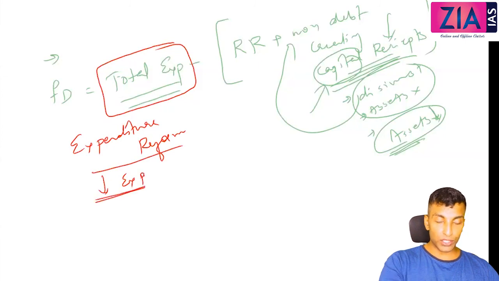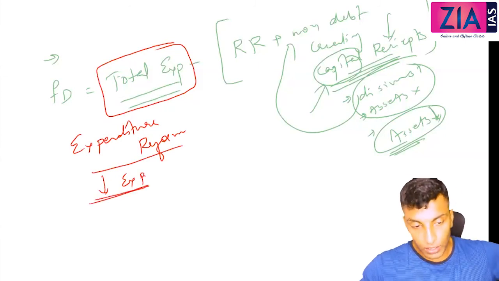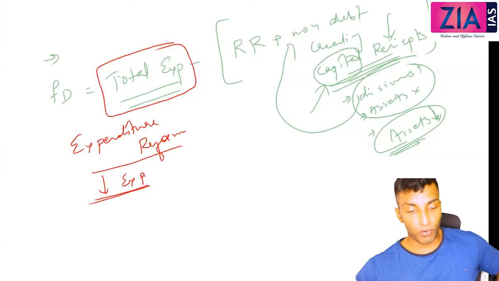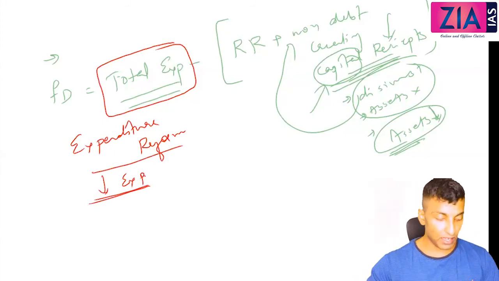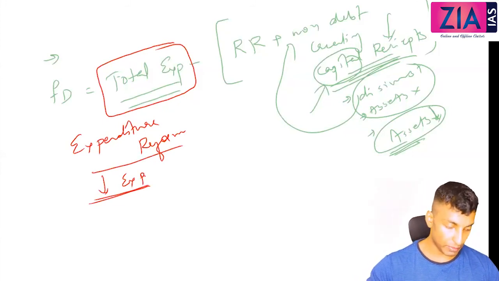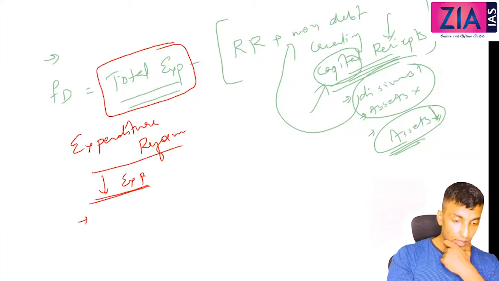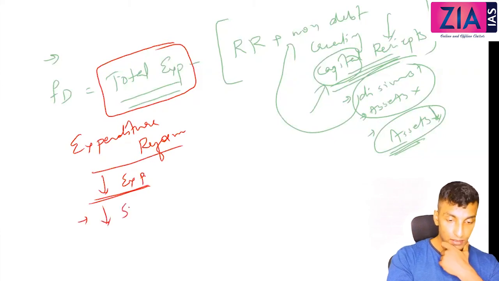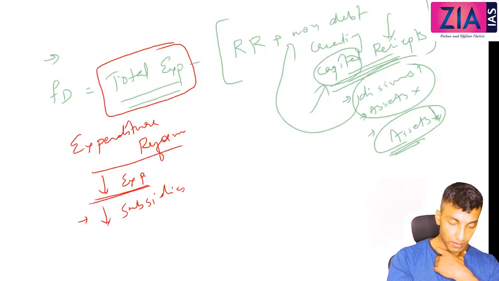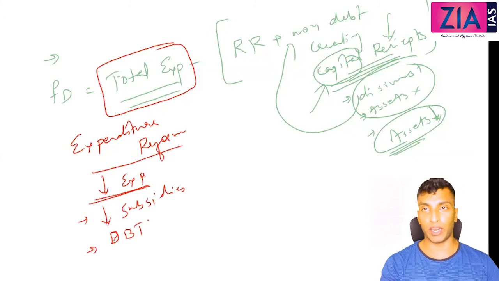So what all measures can you take to reduce the expenditure? We have seen different expenditures, mainly revenue expenditure. So what will you write here? Mainly decrease the subsidies. Then you give in terms of DBT, direct benefit transfer, so that you can avoid the leakages.